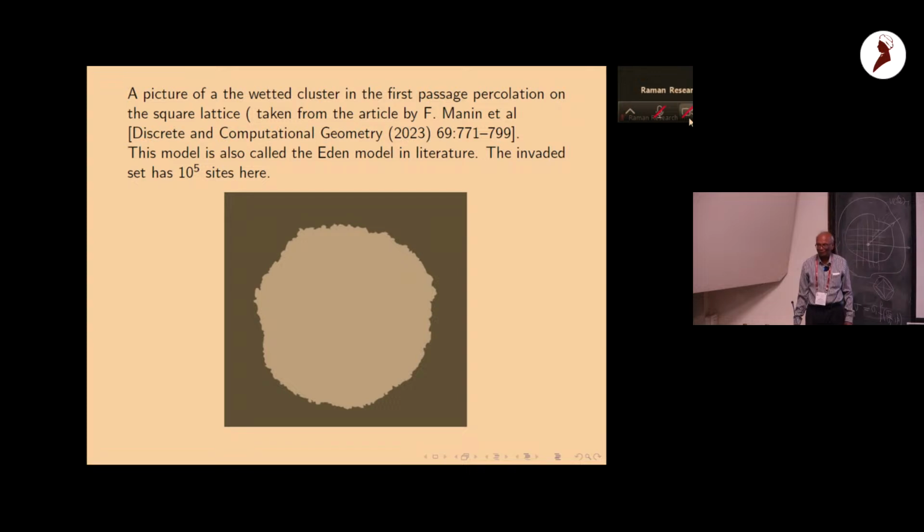right? So this problem was called the Eden model because it was defined by a person called Eden. He was studying tumor growth in cancers. Okay, so this is a model again, but let me discuss the model.